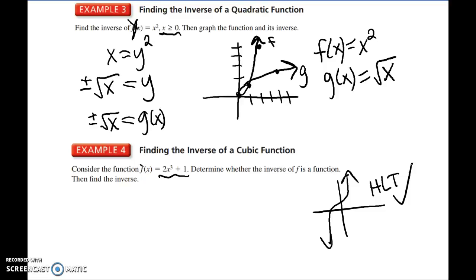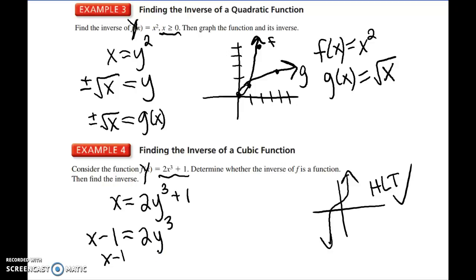So we want to find the inverse by making this y and switching x and y. So we have x equals 2y cubed plus 1. Subtract 1 from both sides, and we get x minus 1 equals 2y cubed. Divide both sides by 2, so I'm going to get x minus 1 over 2 equals y to the third power.